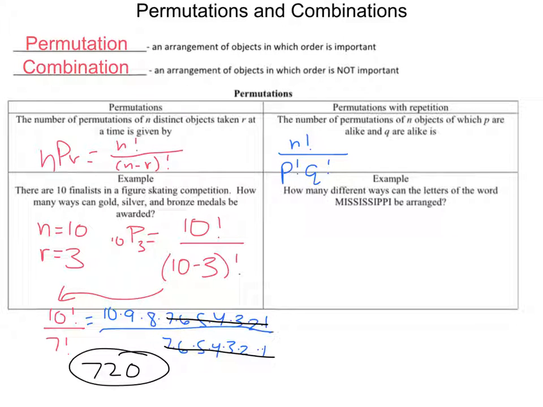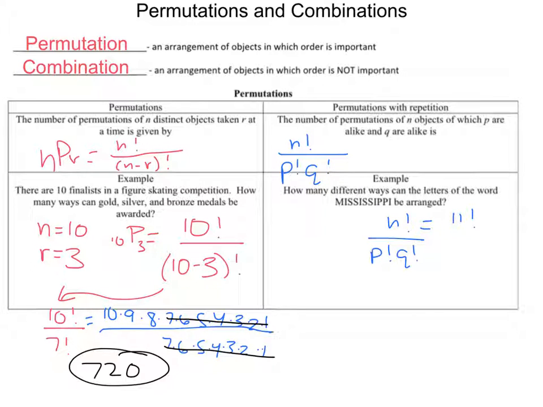First, n is going to be 11 because there are a total of 11 letters. So n factorial turns into 11 factorial. Then we have p factorial times q factorial, so we want to find out what's repeating.